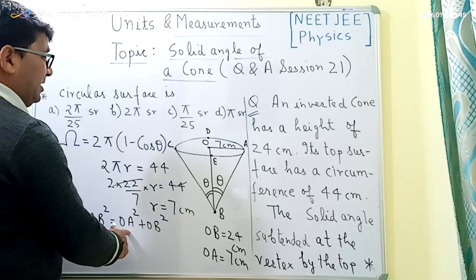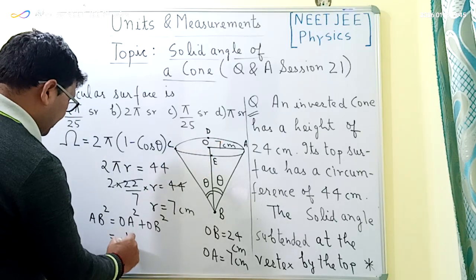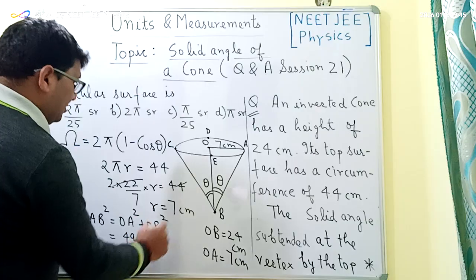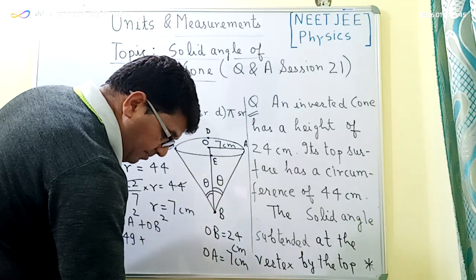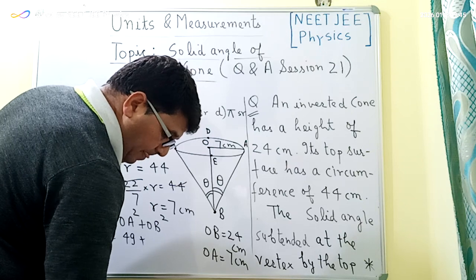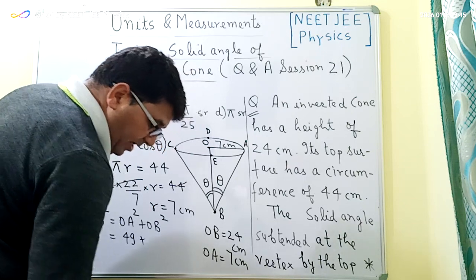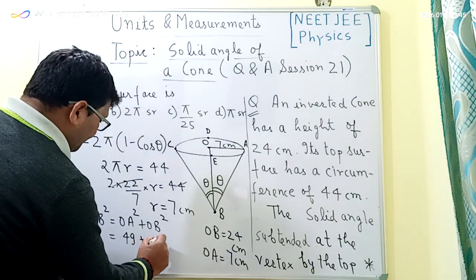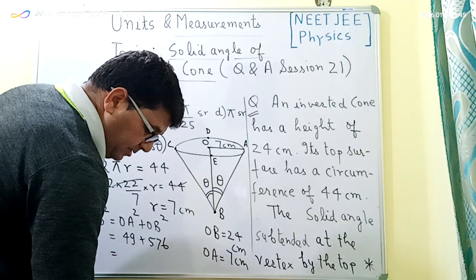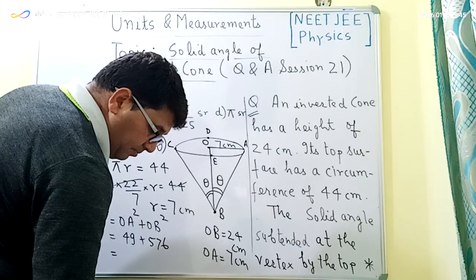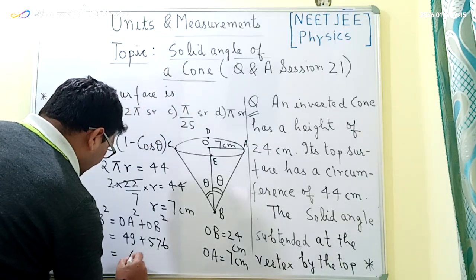OA square is 49, and 24 whole square is 576. If I add both, I get 625.